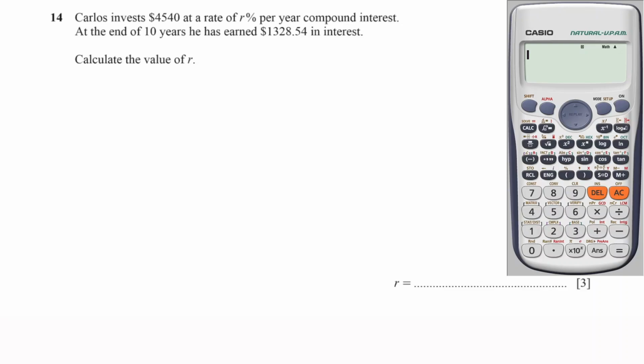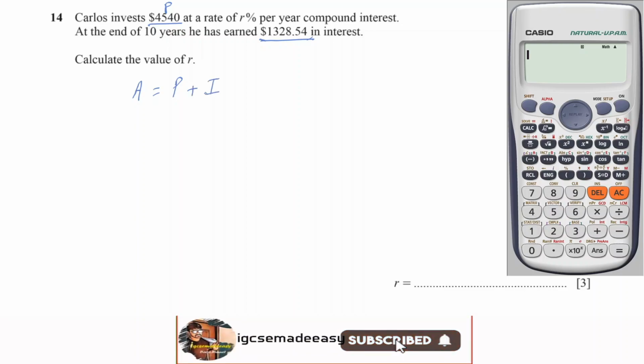So the principal amount that he deposits at the initial stage is 4540, and the total interest that he is going to get after 10 years is 1328.54. The amount is equal to the principal amount that he is depositing plus the interest that he got, right?